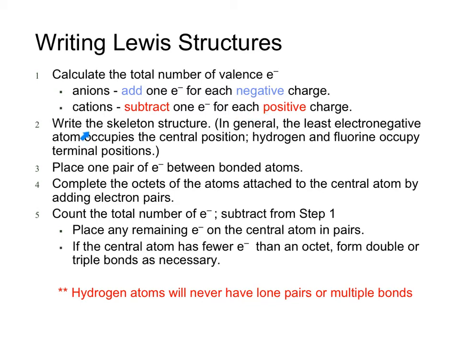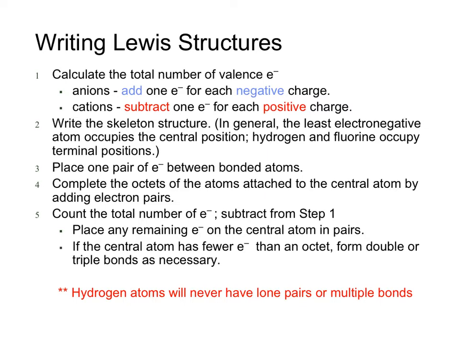You then write out the skeleton structure of the compound. Generally speaking, the least electronegative atom will be in the center. Hydrogen and fluorine will always occupy the terminal positions, meaning they will never be in the middle.